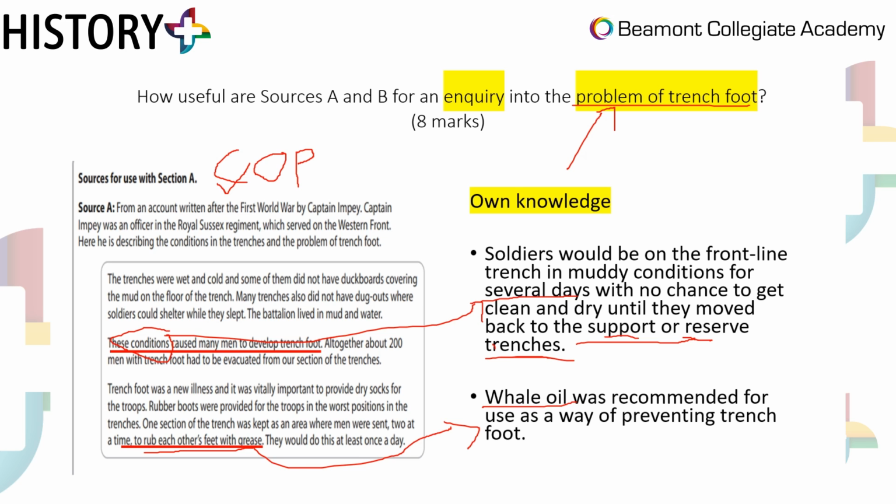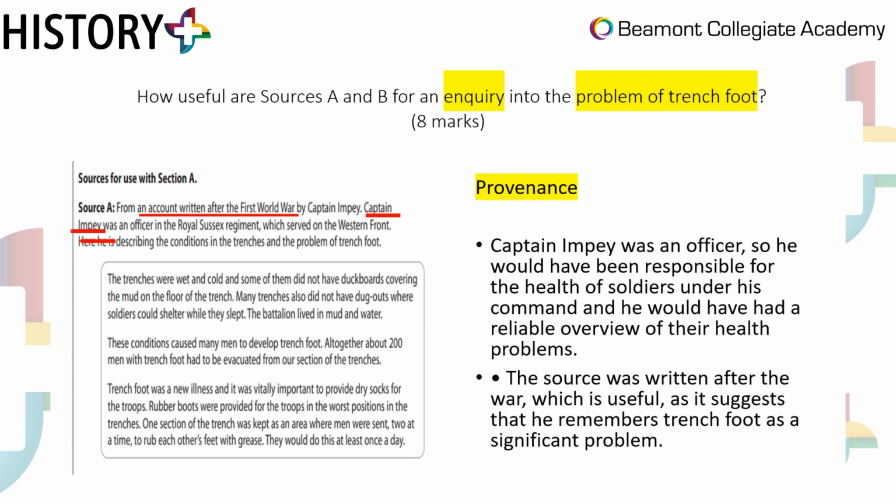So once you've done your own knowledge, you then tick that off, and the last thing you do is your provenance. Now your provenance, sorry about that, is this section up here. Every source comes with the provenance: who's written it, it may come with a date, it may not, and you basically get all the clues that you need in this section to analyse your provenance.